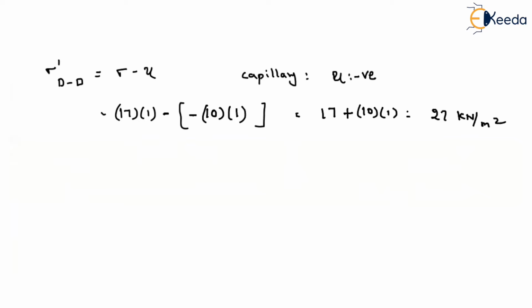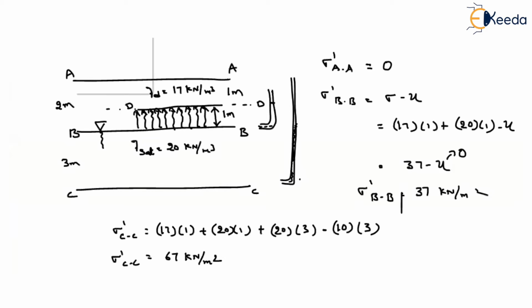So what about the effective stress? What will be the effective stress along the layer somewhere at a distance of 0.5 meter? Or what will be the effective stress from layer to A, where the distance will be 1.5 meter.